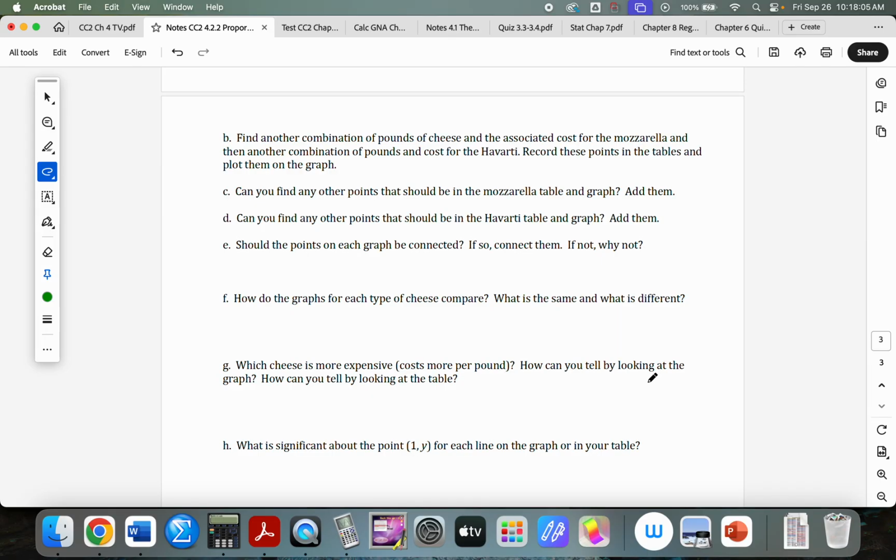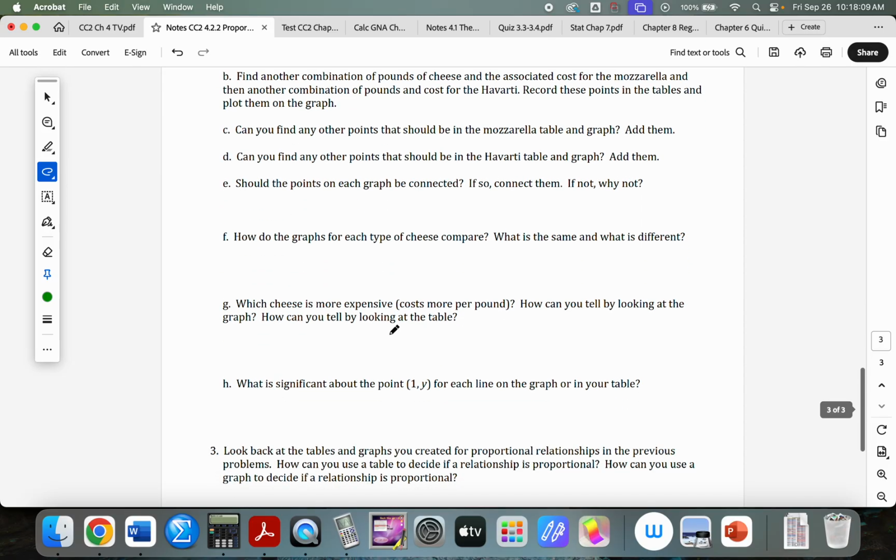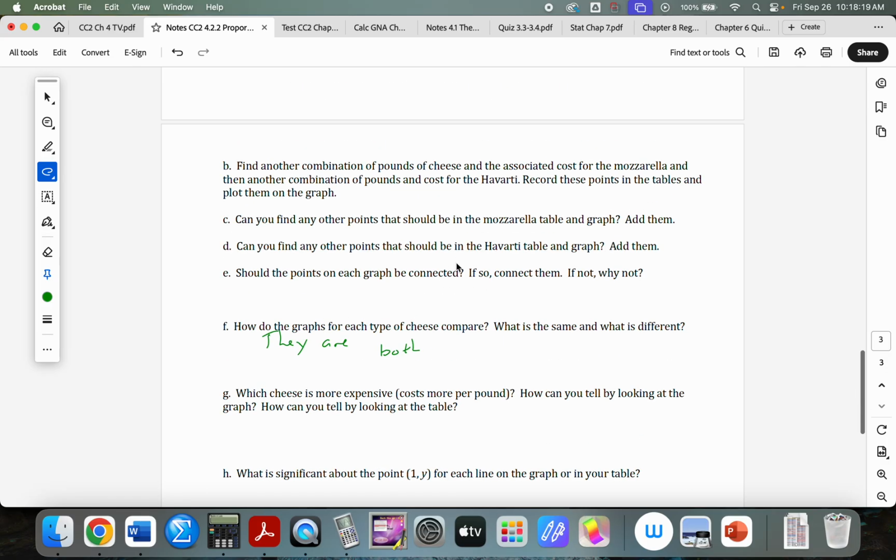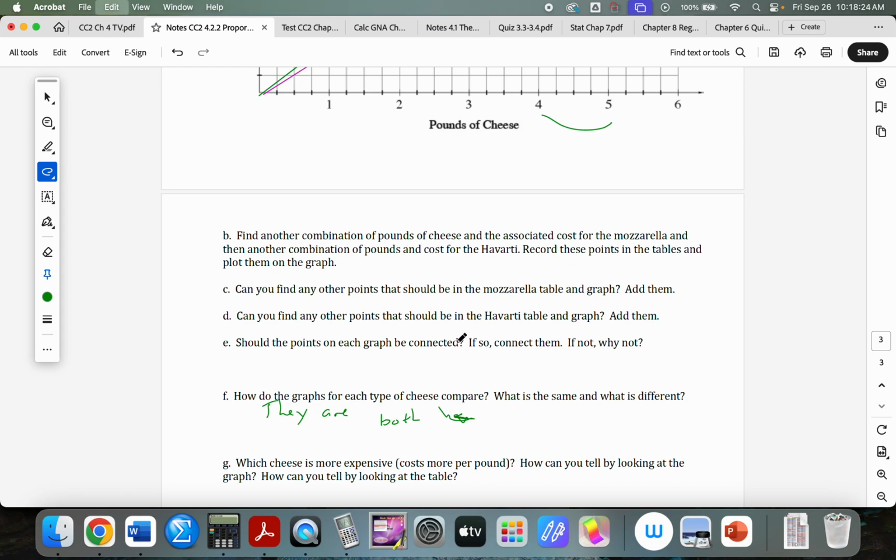All right, so how do the graphs for these types of cheese compare? They're both lines. They're both lines that contain the origin.